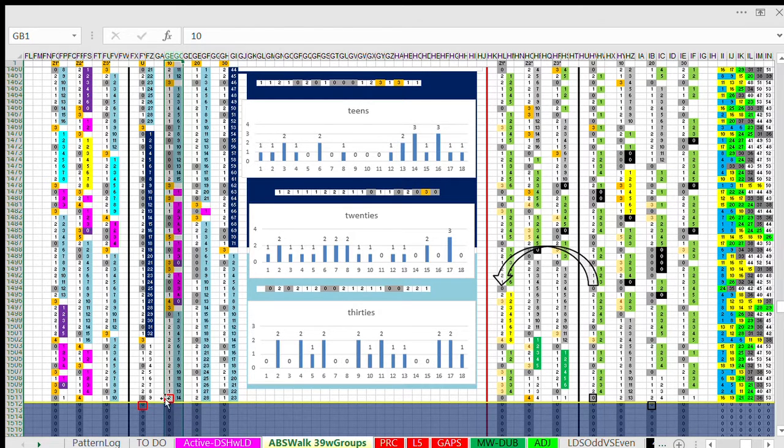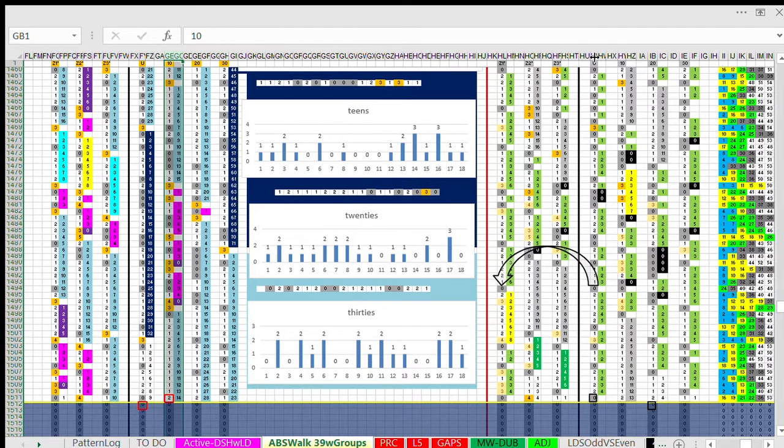I was looking for multiple numbers in the teens, so I guessed correct on the decade, and then on this side, I guessed that there will be no units, right? So that's what the black box here indicates. So I guessed that correct as well. So that's the point of this chart here.